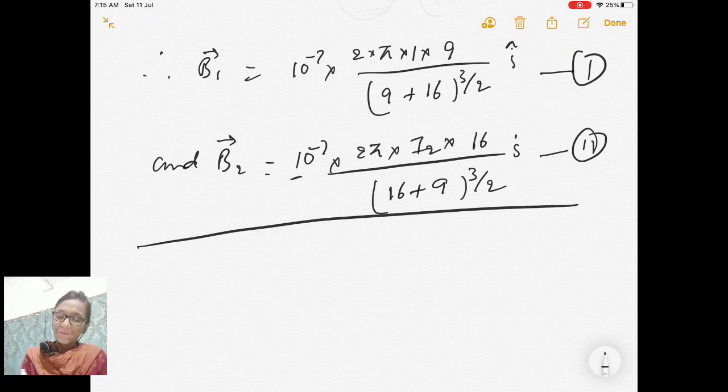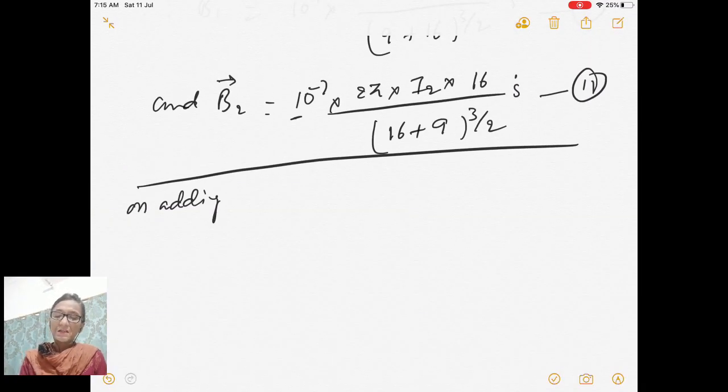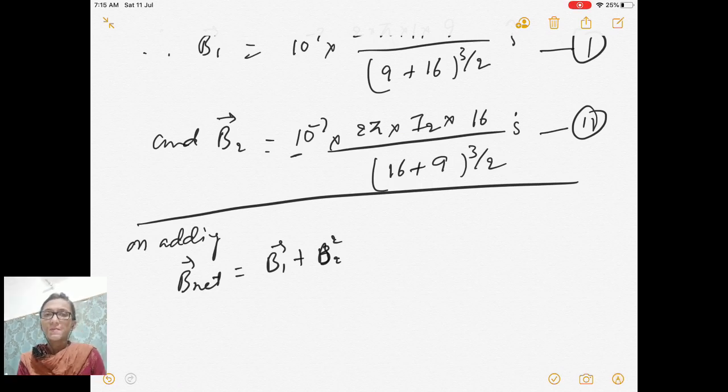On adding, the vector B at any point is the summation of the vectors. B net is equal to B1 plus B2 when they are along a line.